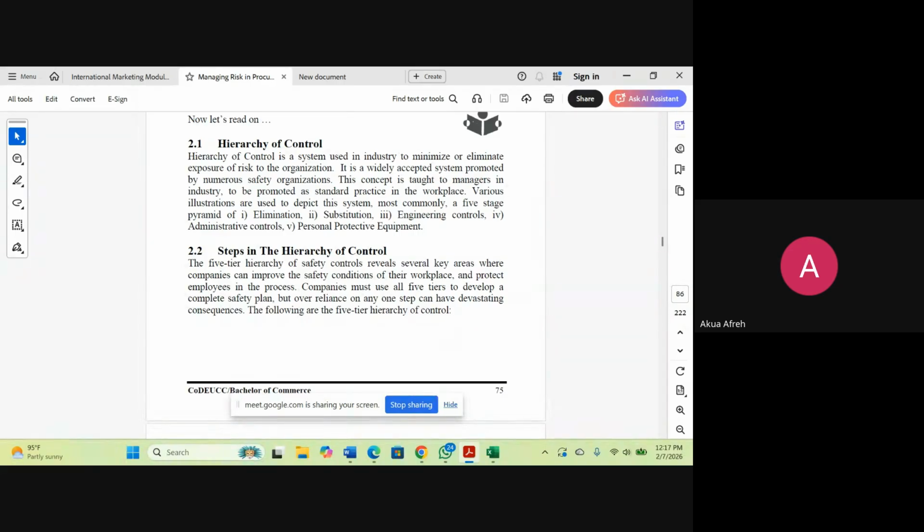It ranks the risk control methods from the most effective one to the least effective. Just as it says in your book, organizations or industries use this system.